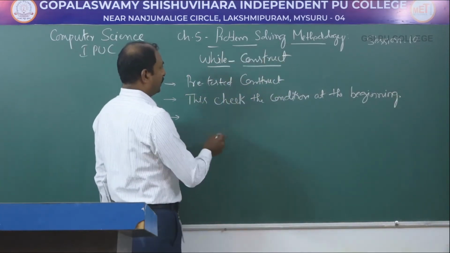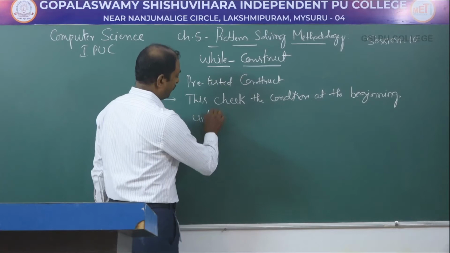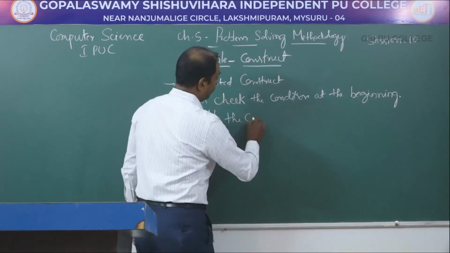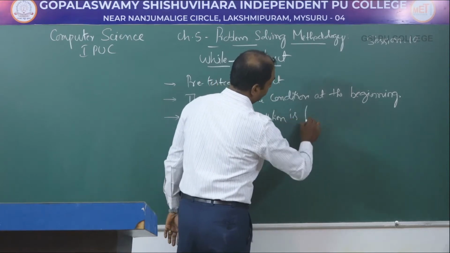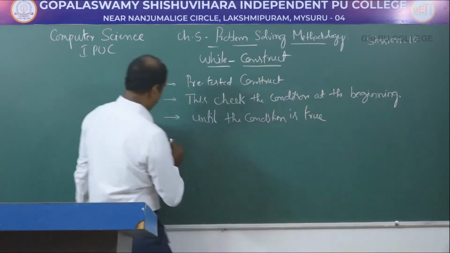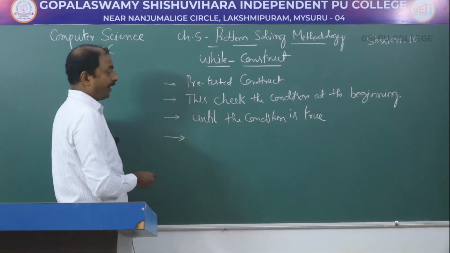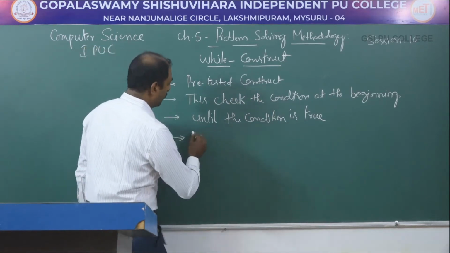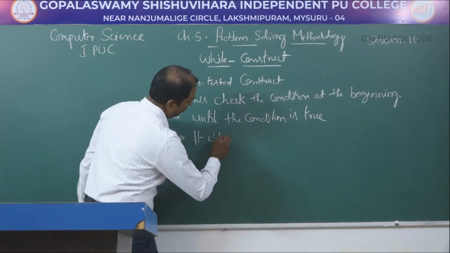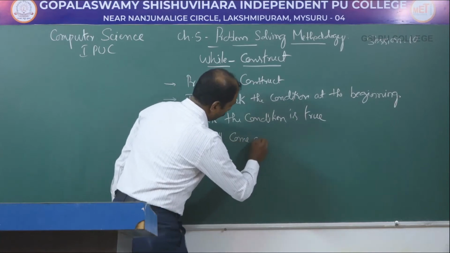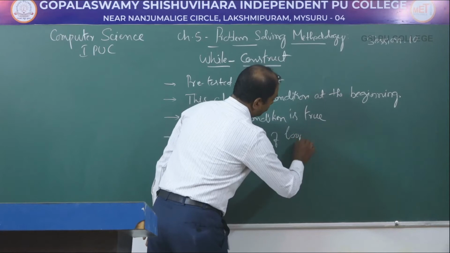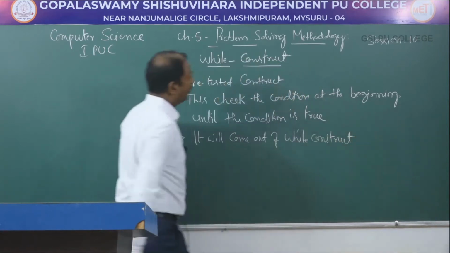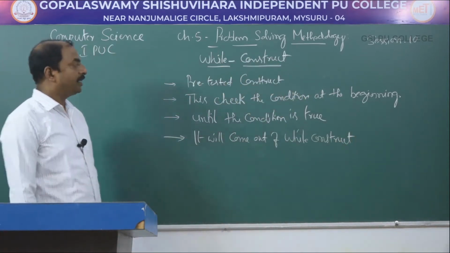It repeats a number of statements until the condition is true, and once the condition fails, or it is false, it will come out of the while construct. So students, this is the while construct.